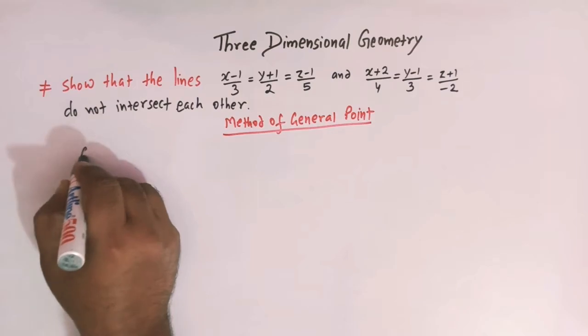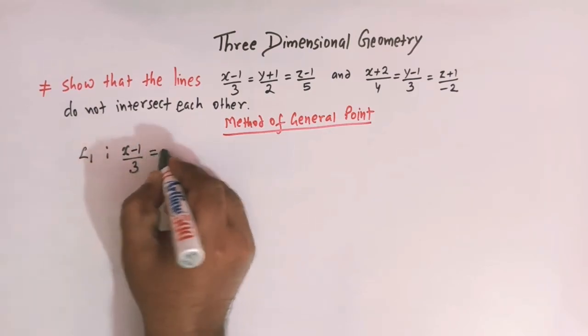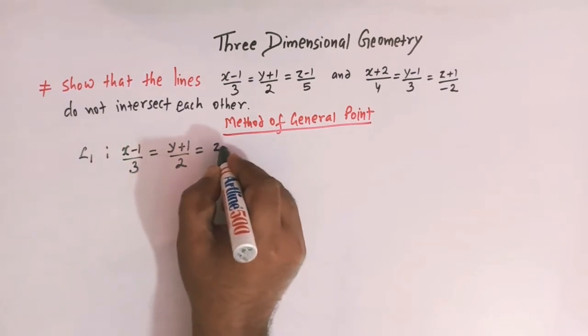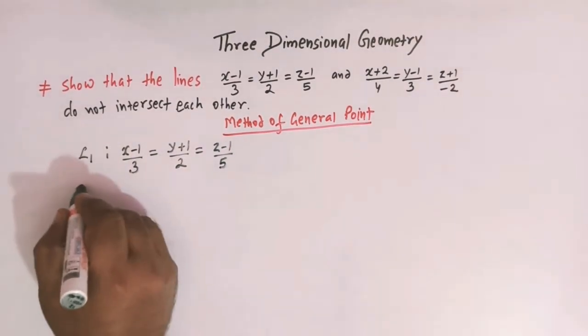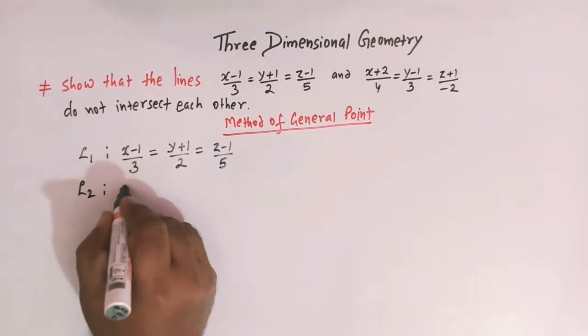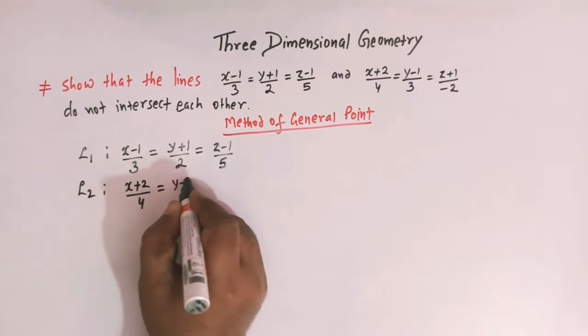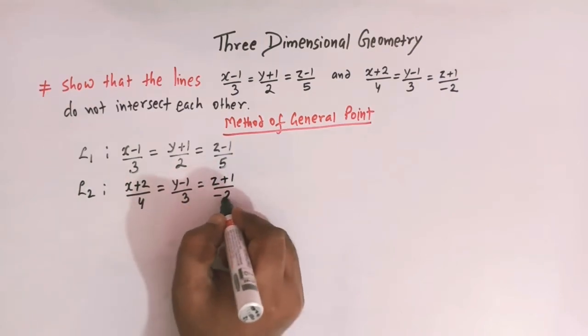Write L1 as (x minus 1) over 3 is equal to (y plus 1) over 2 is equal to (z minus 1) over 5, and L2 as (x plus 2) over 4 is equal to (y minus 1) over 3 is equal to (z plus 1) over minus 2.